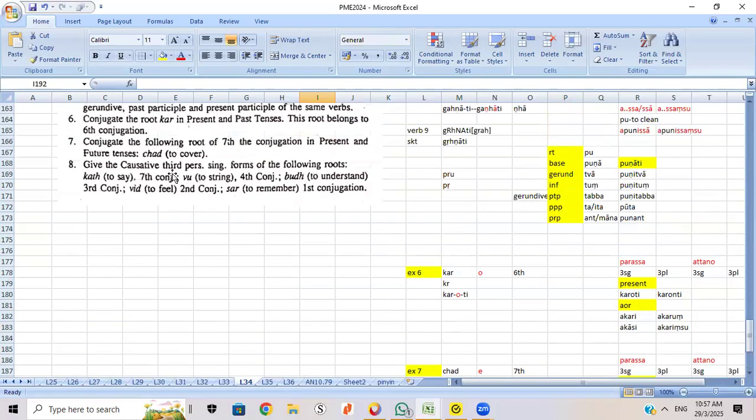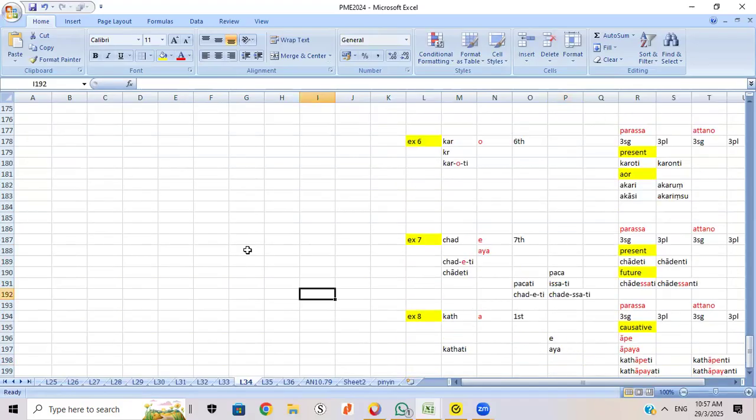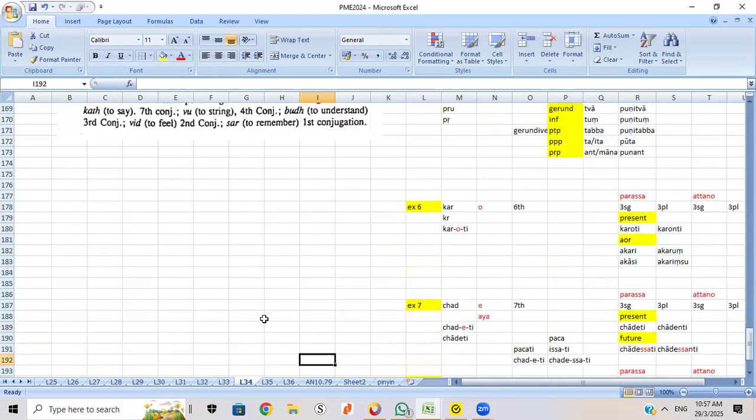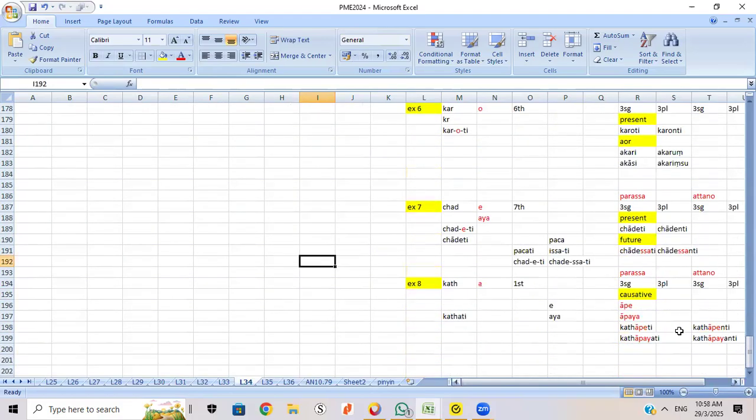So the next one, number 8, causative. A causative third person, cut. Okay, cut. You see. Can you see?